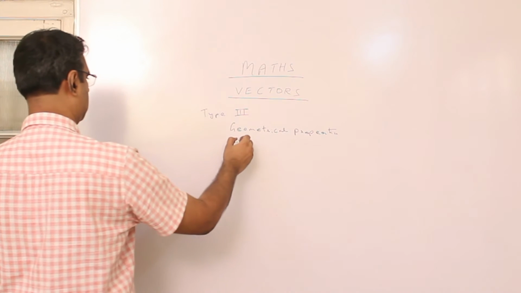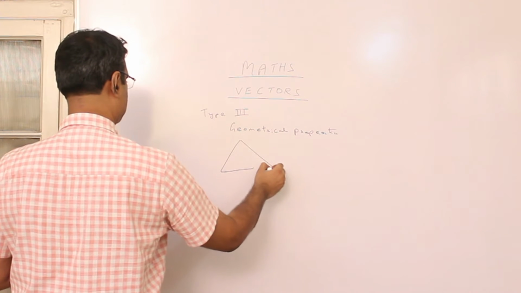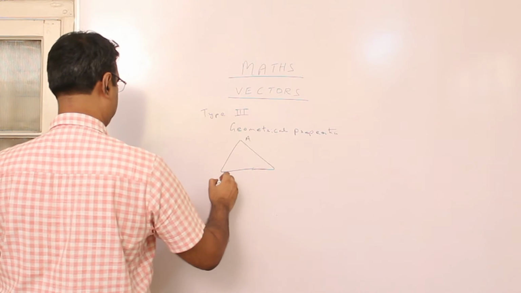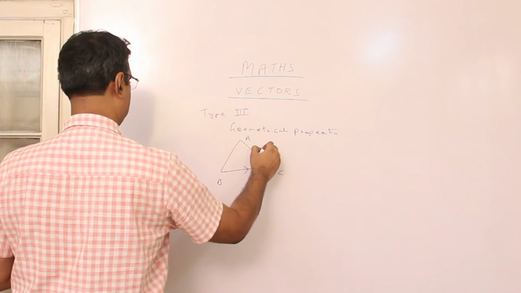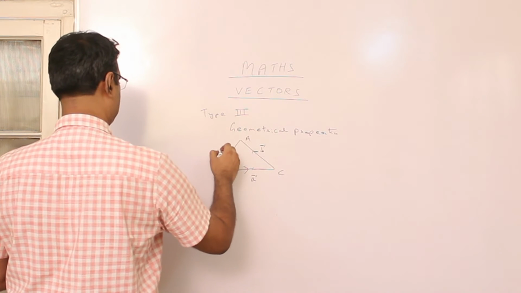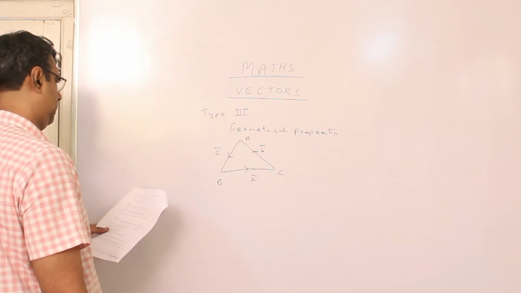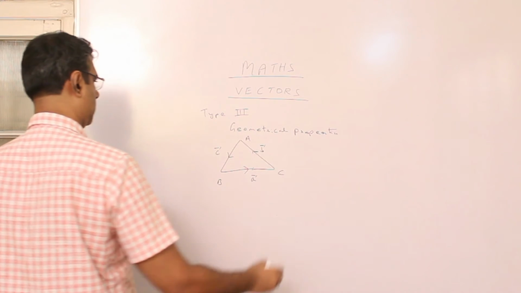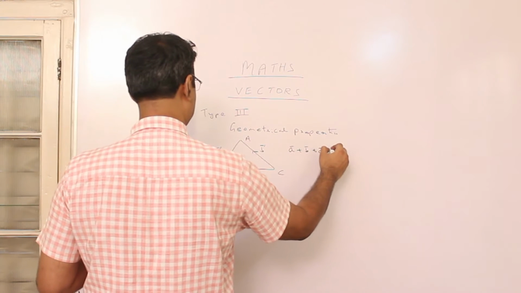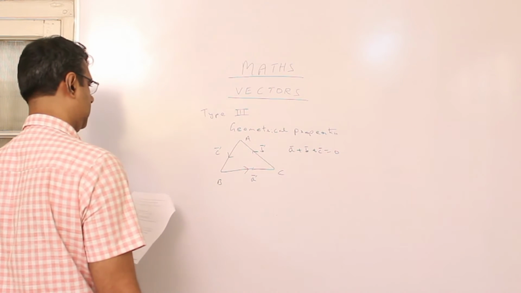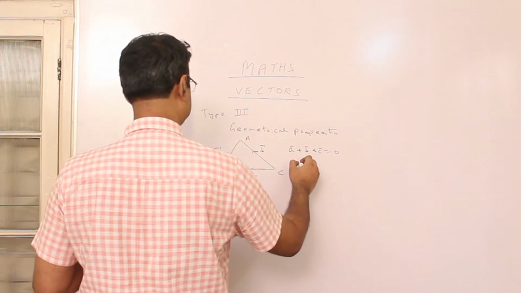For example, suppose you have a triangle ABC and the three sides of the triangle are represented by the vectors A, B and C. So A plus B plus C is clearly equal to 0.